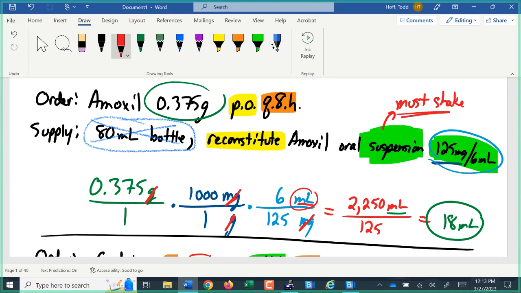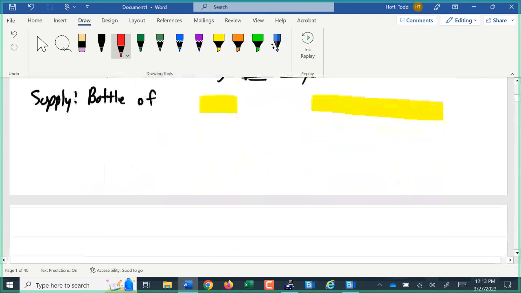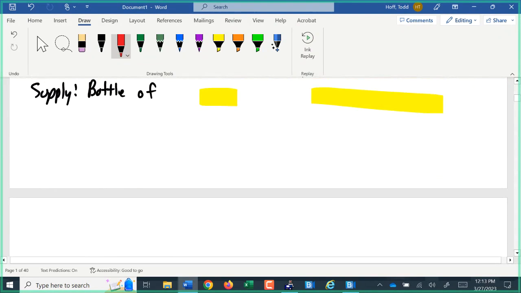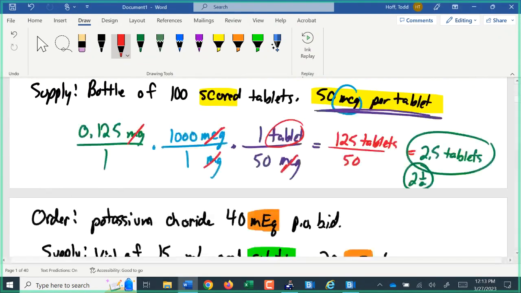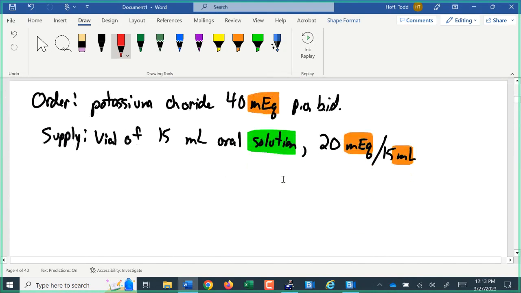But for a suspension, you must shake the bottle and remix that mixture, because in a suspension, it only stays mixed for a certain amount of time. Over time, the heavier part, the medication, falls to the bottom of the vial. So when you see the word suspension, you have to be very careful to make sure you shake it thoroughly. When we're looking at a solution, it's not as important. So it's not a bad idea to mix it, but it's not required.